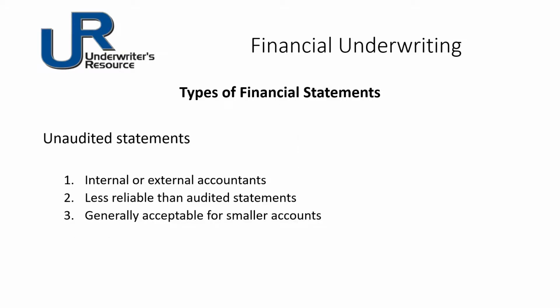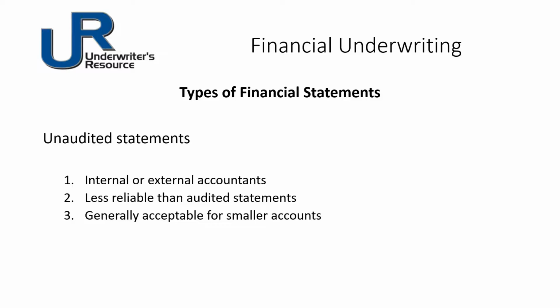A second type of financial statements would be unaudited financial statements. Like audited statements, they could be created by external accountants, CPAs, or maybe even just bookkeepers, or they could be done by internal accountants. The difference is that they're not necessarily putting their name on the report and verifying its accuracy.